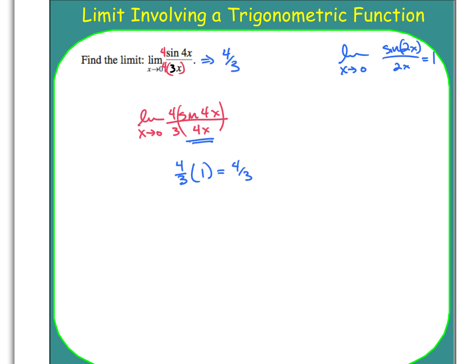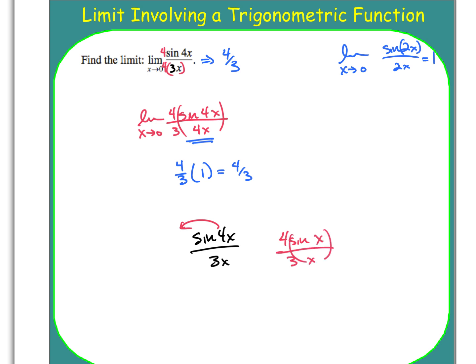Now, I will have a decent amount of people on my quizzes and tests get 4/3 as an answer. However, I will still take a point off because they got to it the wrong way. I'm going to show you a naughty way to do it. So if you have a sine of 4x, guess what people do? They factor out the 4. And they're like, 4 sine of x over 3x.